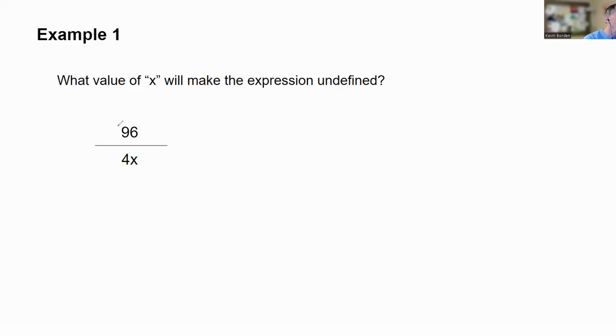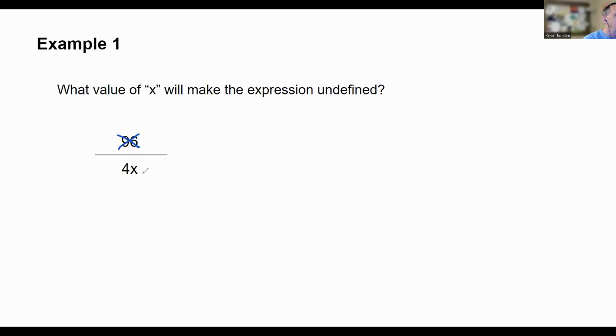Once again, we're ignoring the top of the fraction, and we set the bottom equal to 0. 4x is equal to 0. Now, in this case, we would divide both sides by 4, because that's what's going to get x all by itself.